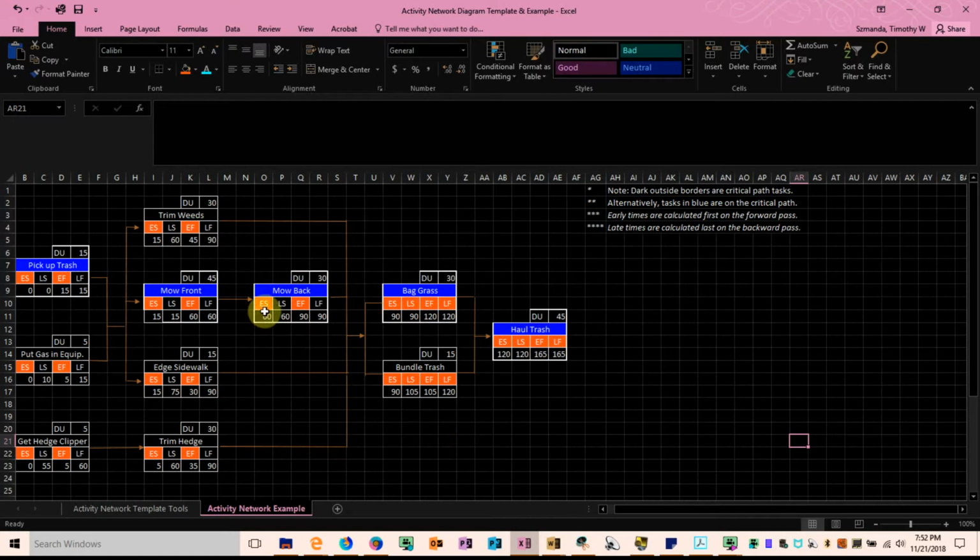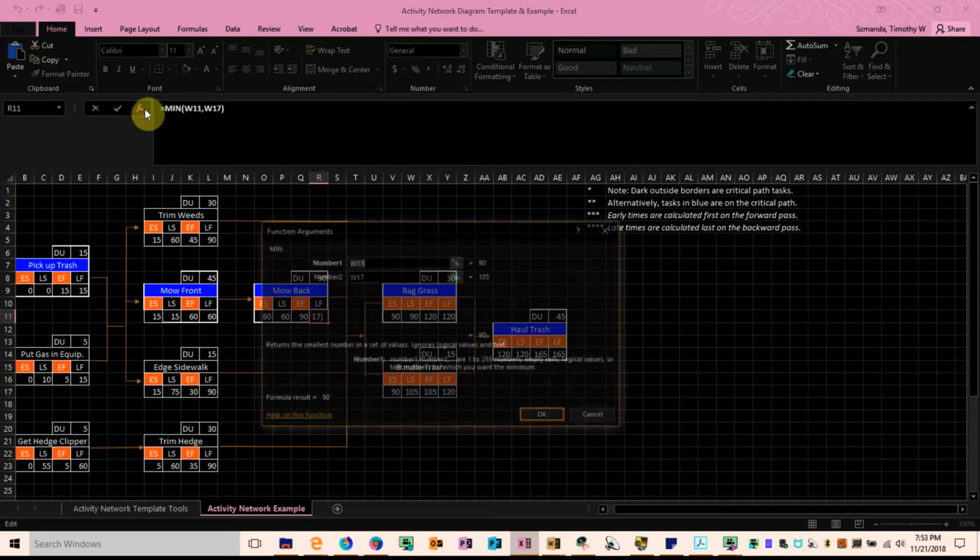Continuing backward, we're going to look at trimming the weeds, edging the sidewalk, trimming the hedge, and then we'll also look at mowing the back. So let's look at the latest finish for mowing the back.